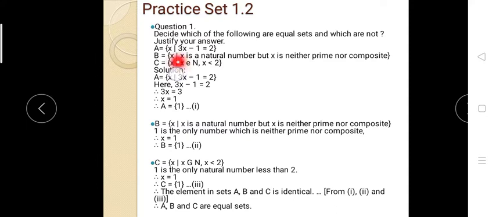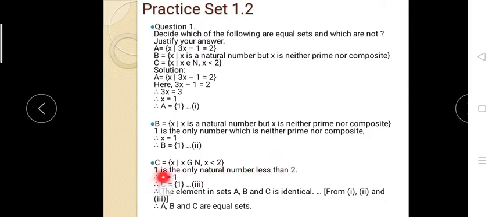B is a set of all x such that x is a natural number but x is neither prime nor composite. So only one element is there, therefore B is also having the element 1. C is a set of all x such that x belongs to N and x is less than 2.